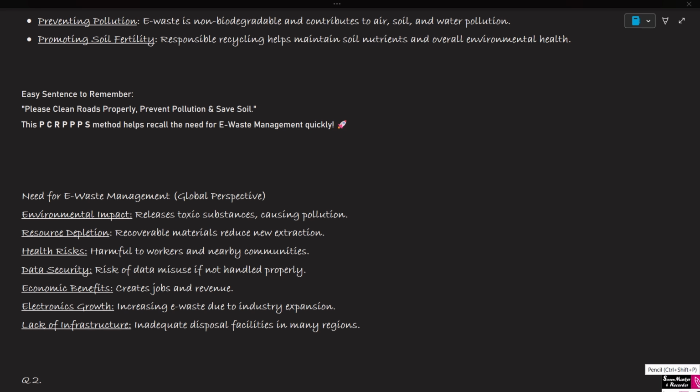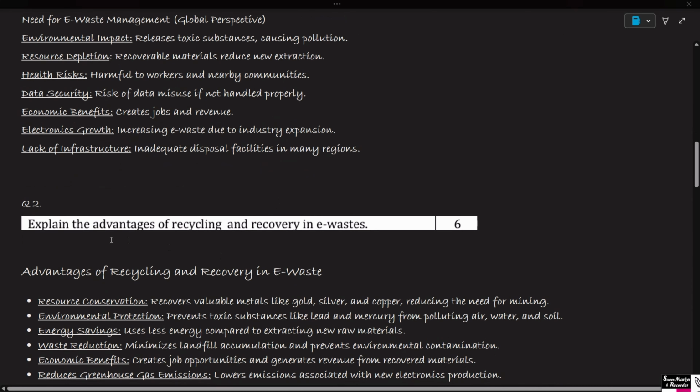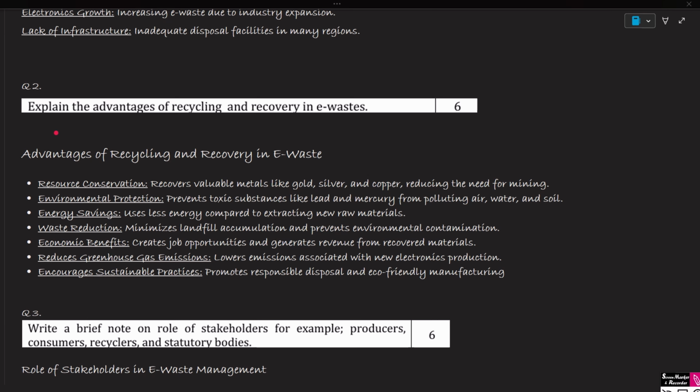So moving to the next question, we have: explain the advantages of recycling and recovery of e-waste. Advantages of recycling and recovering e-waste have 7 points.